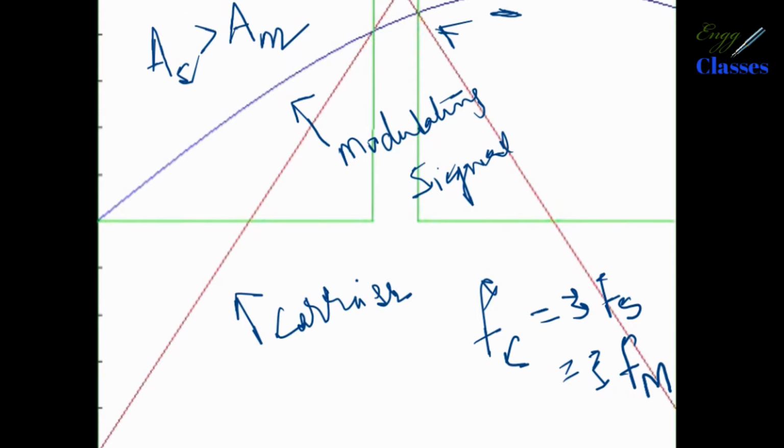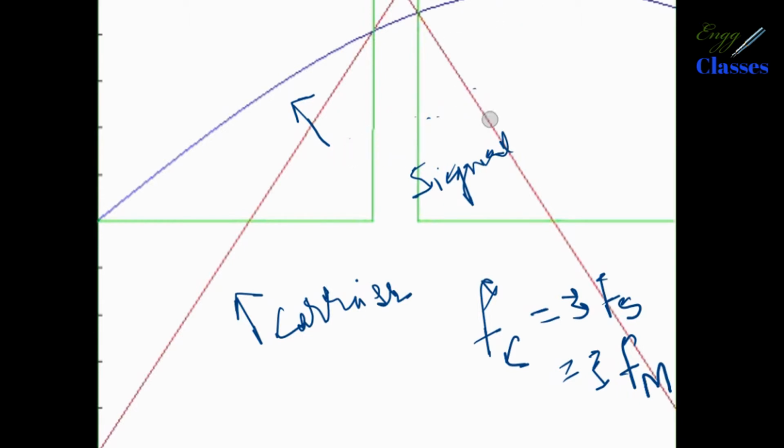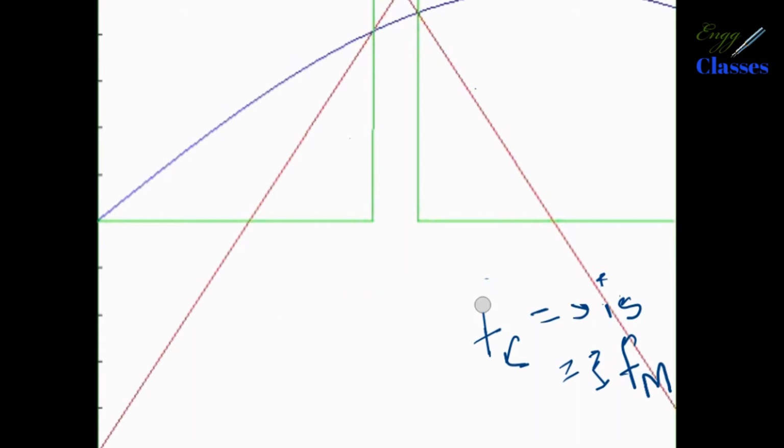That is the reason why the magnitude of the trigger signal is equal to 0, and it remains 0 until that instant is reached. Whenever the amplitude of the carrier signal reaches a value higher than the amplitude of the modulating signal, only then the magnitude of the trigger pulse is set equal to 1. Otherwise, the magnitude of the trigger pulse is always equal to 0.